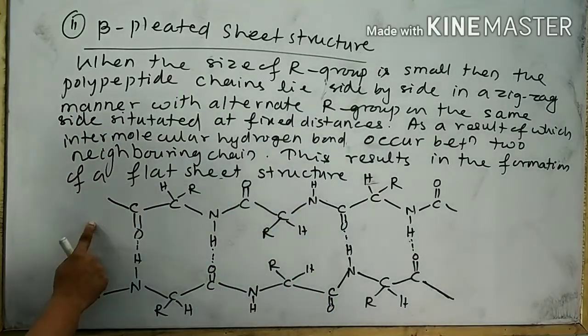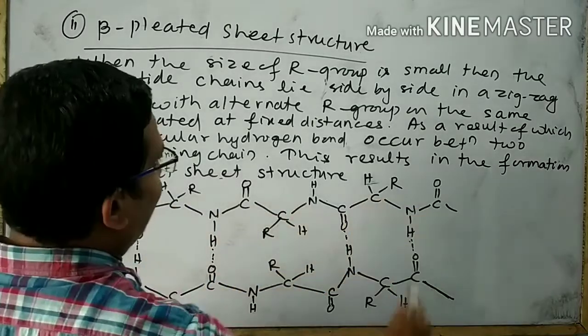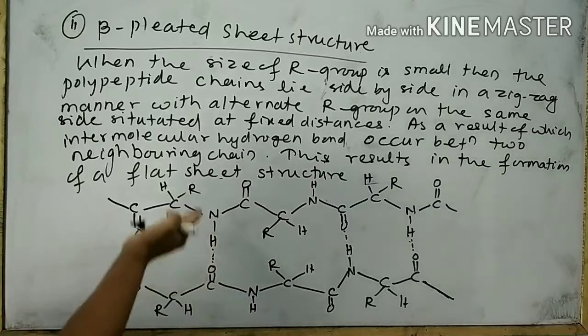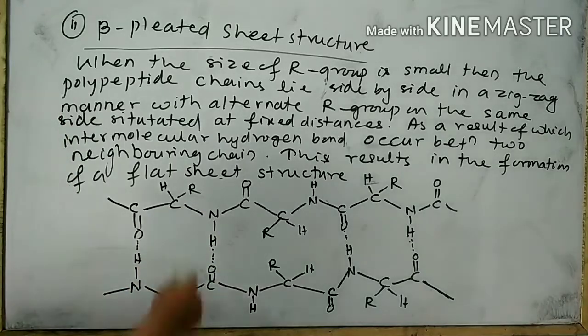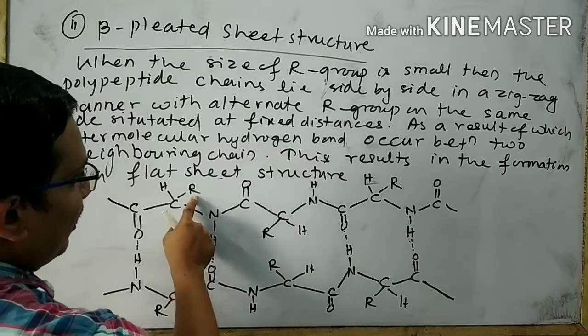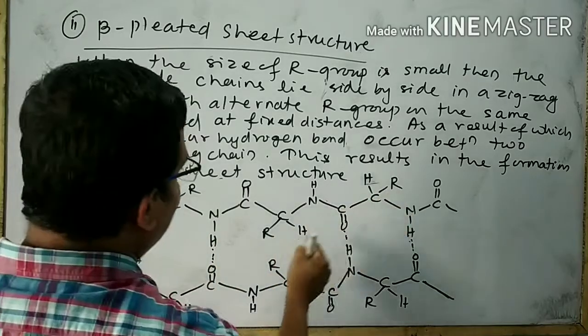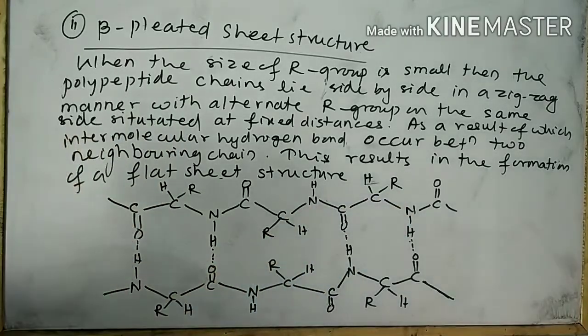This is one polypeptide chain and they are arranged in zigzag manner. This is another polypeptide chain, also arranged in zigzag manner, and there are hydrogen bonds formed between the two polypeptide chains. Here R is present and here also R is present. These are present in alternate manner at a fixed distance. As a result, intermolecular hydrogen bonds occur between the two neighboring chains. This results in the formation of a flat sheet structure. This is all about the beta pleated sheet structure.